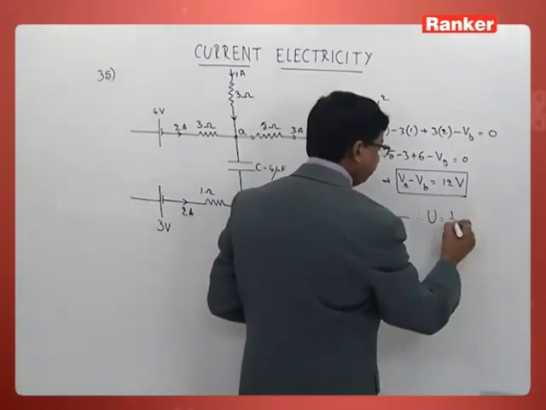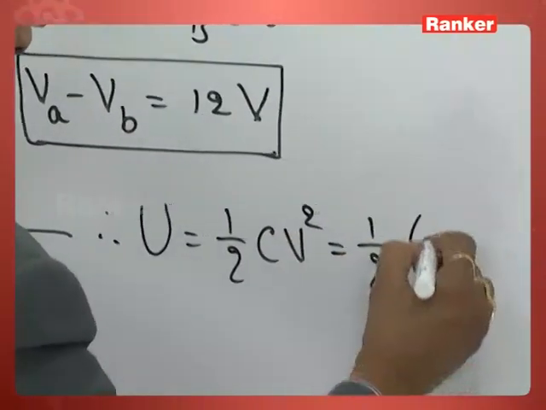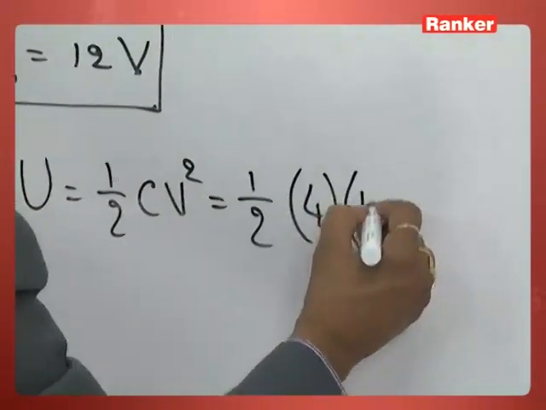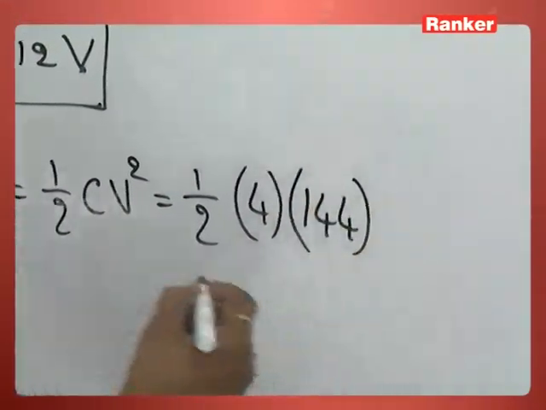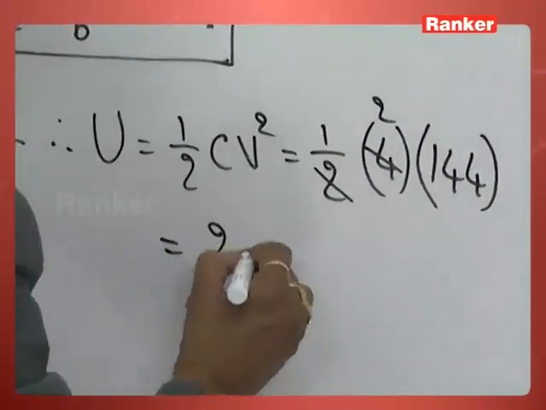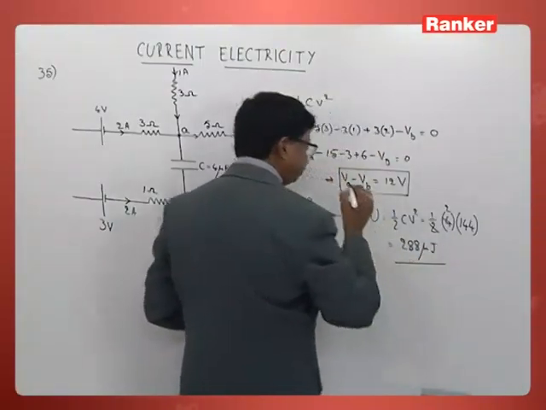It is half CV square. Half C being 4, V square now is going to be 144. This goes twice. So you are left with 288 microjoule as such.